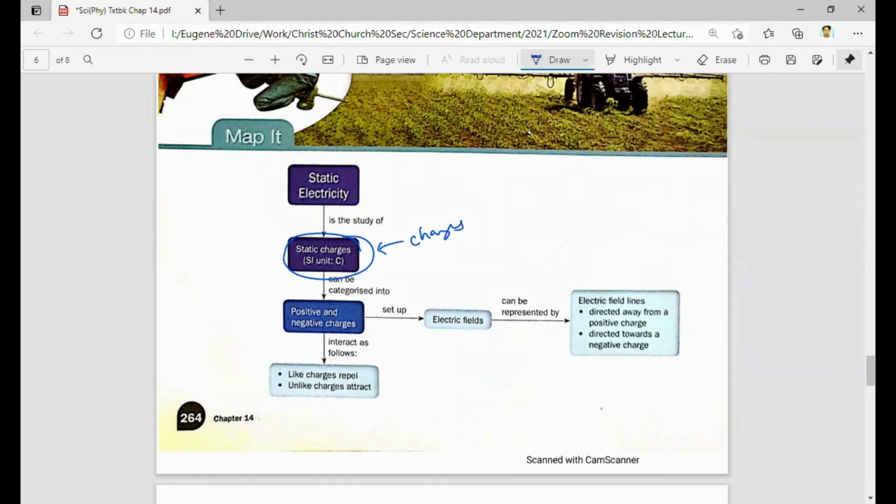When you put them together, you also set up this idea of electric fields, and you can represent it by electric field lines. When the lines are pointing away, it's a positive charge. When the lines are pointing towards, it's a negative charge. Okay, so that's all for this chapter.